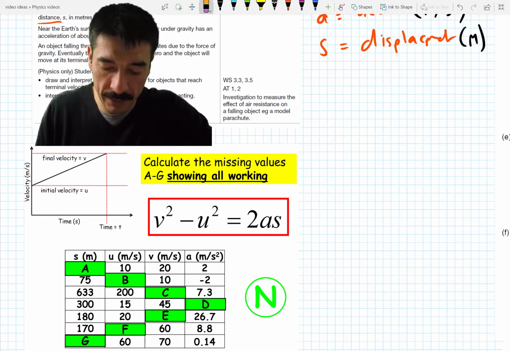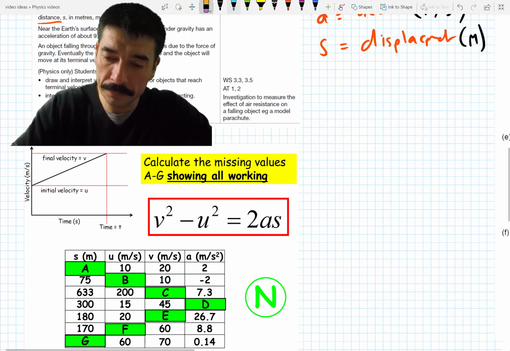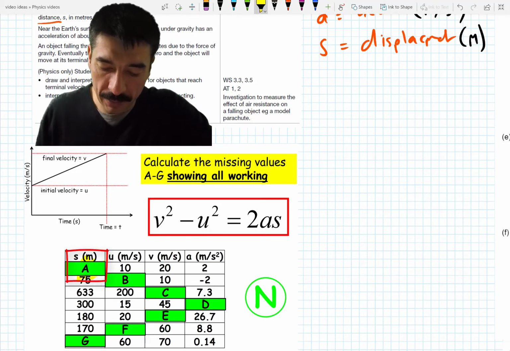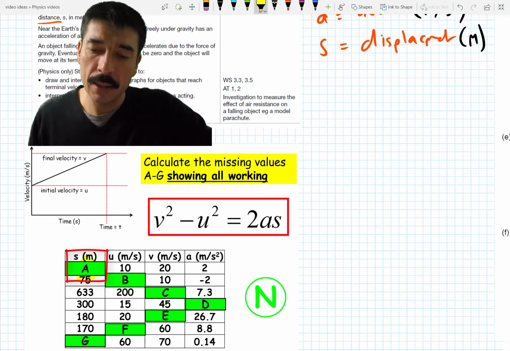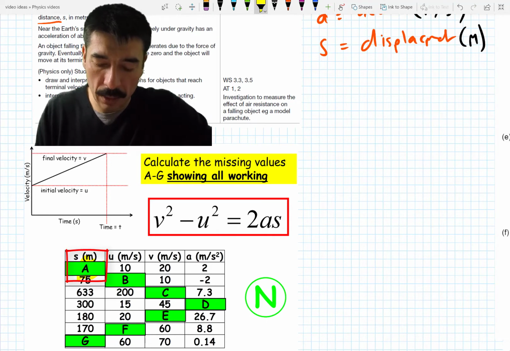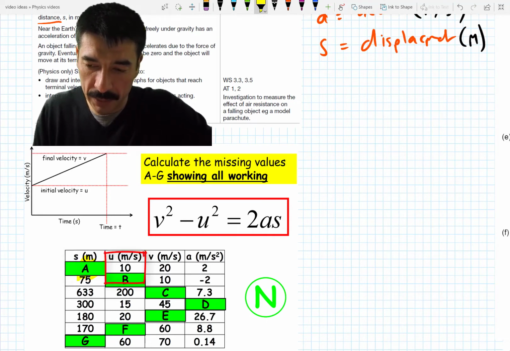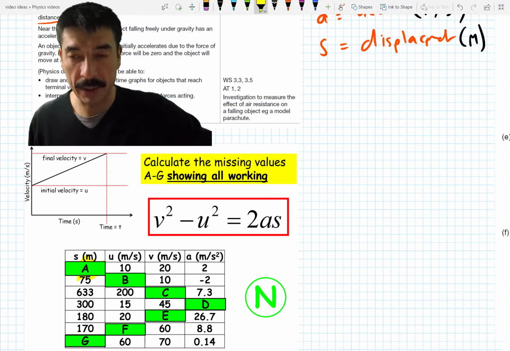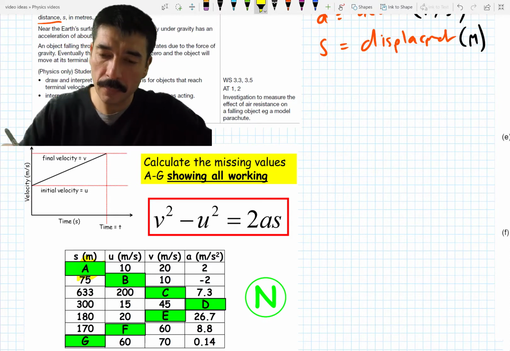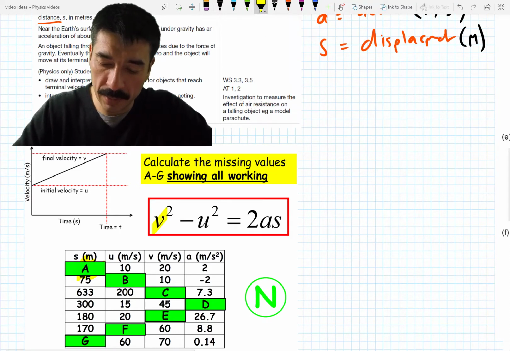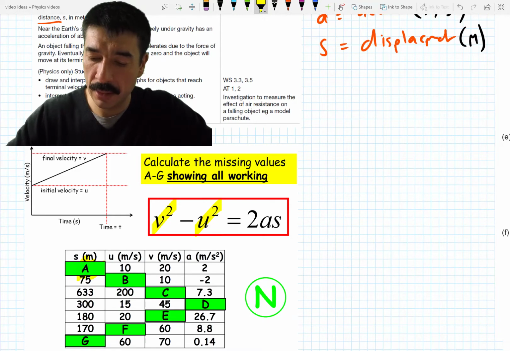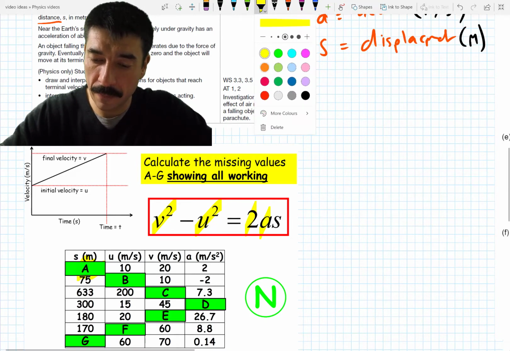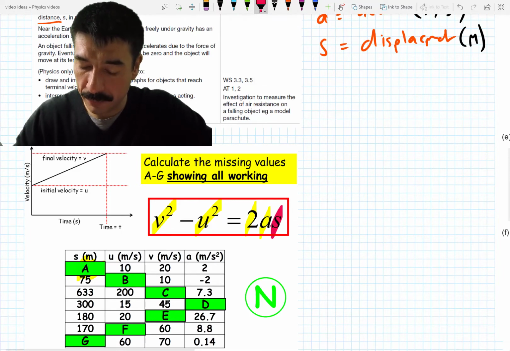So you might have to find this missing value here for A. If you were trying to find that, you would have initial velocity, final velocity, and the acceleration, and you'd need to find the distance travelled. So essentially you'd have this term in the equation, this term in the equation. Obviously you've got the 2, you'd have the acceleration, but you would have to find this, right?